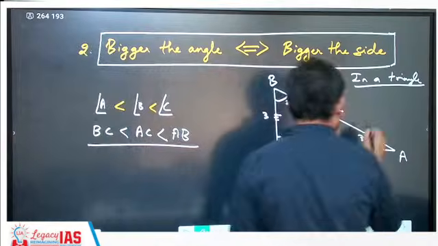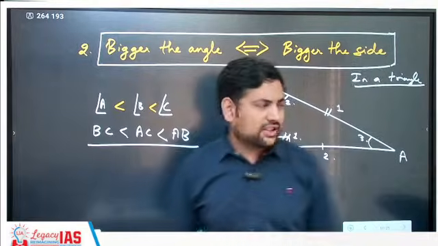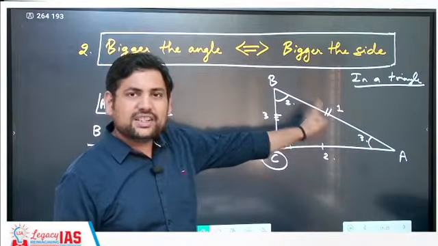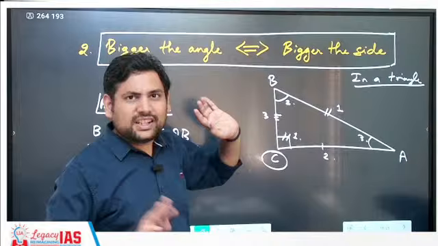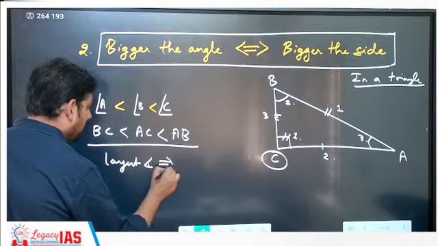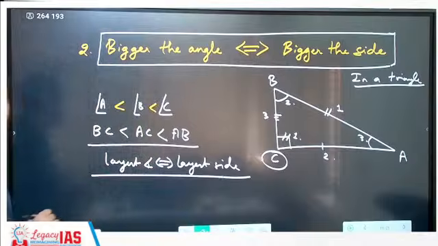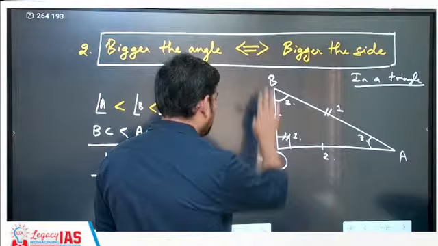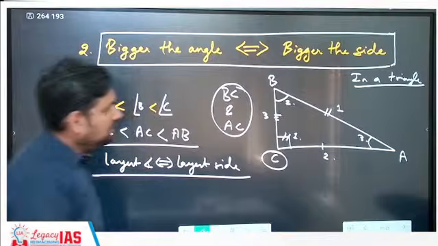For example, if you see here, which angle do you think is the largest? C seems the largest, correct, 90°, and it also has the largest side corresponding to it. Whatever is the largest angle will also have the largest side against it. Now between BC and AC, which do you think is longer?